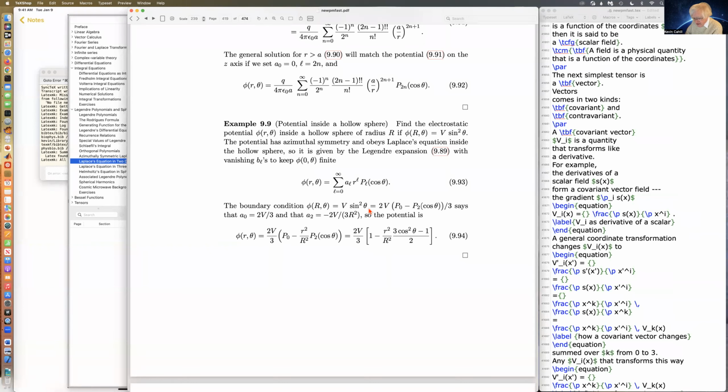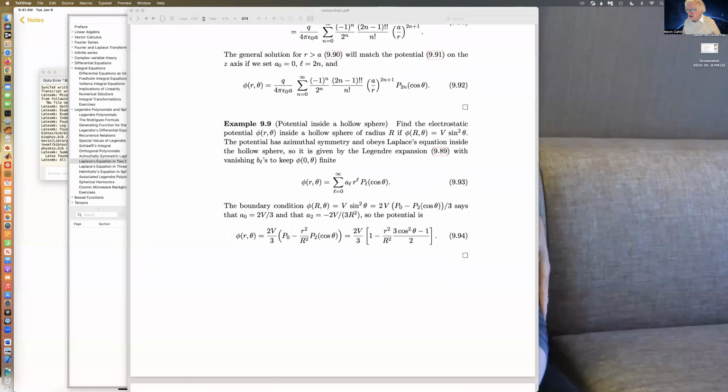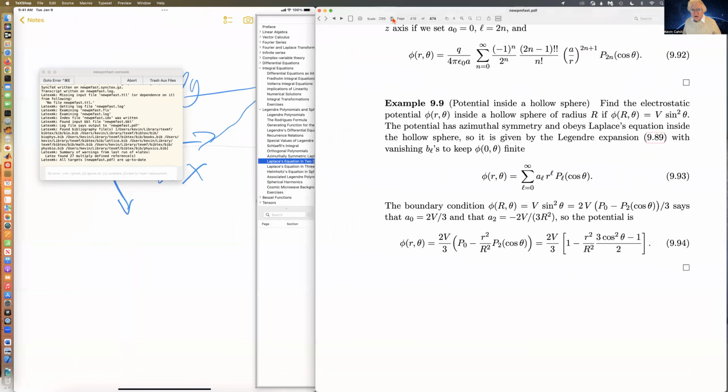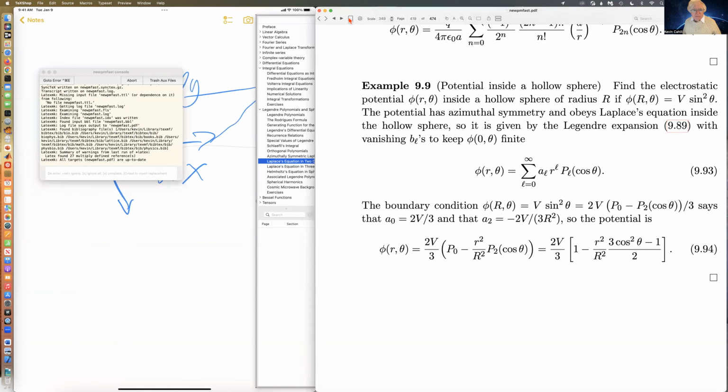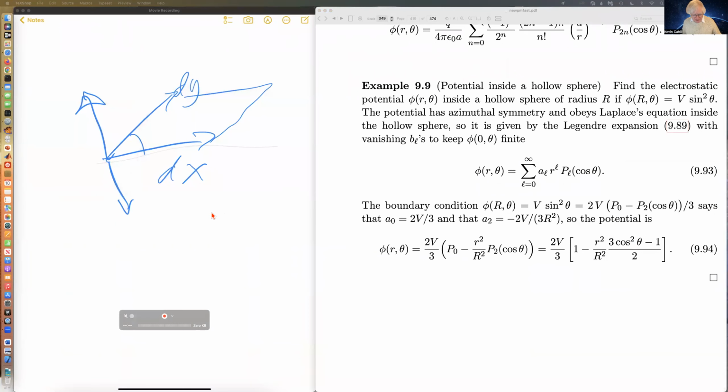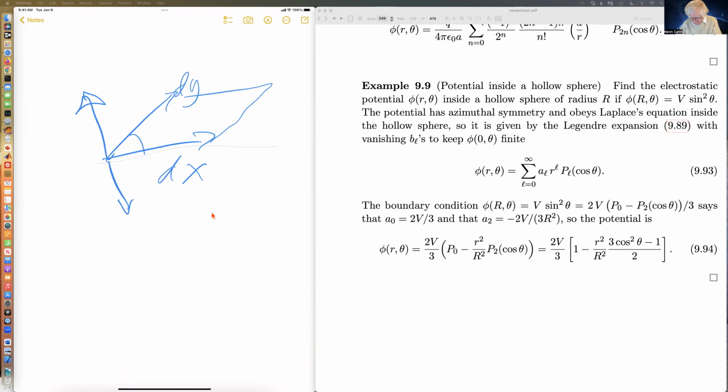Well, sine squared theta, let's see, maybe I can get the screen organized a little better. Okay, so now we've got a better screen. So let me do this.